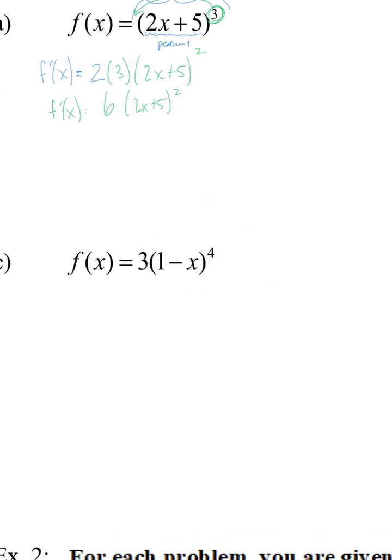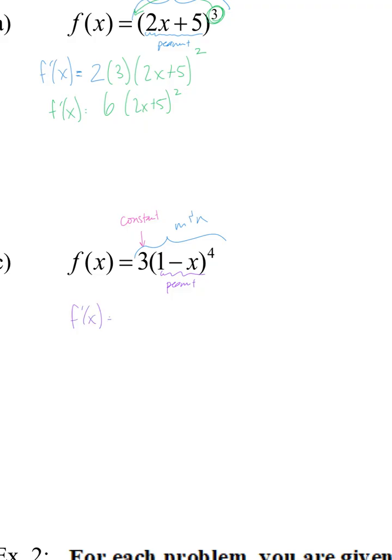Okay, here we go. So this one has a constant out in front of this function. Constant. This inside the parentheses is my peanut. And then this entire thing is the M&M. So here we go. Doing the derivative starting with the peanut.